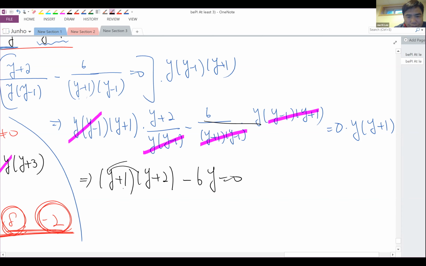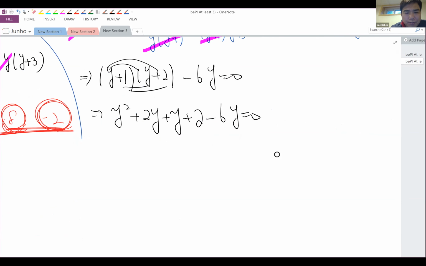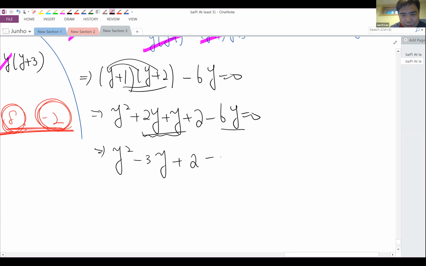So y squared plus 2y plus y plus 2 minus 6y equal to 0. So combine like terms, then y squared minus 3y plus 2 equal to 0.